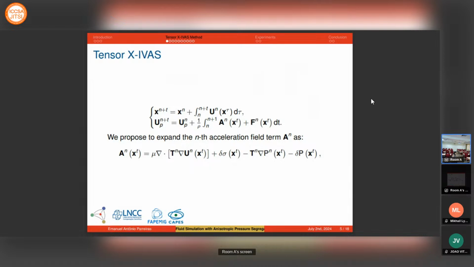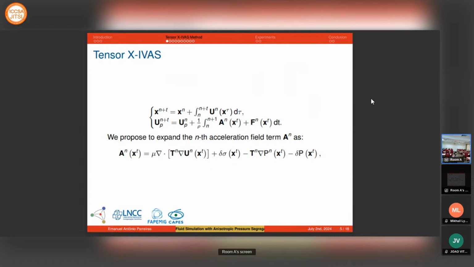So in the u approximation, we have the integral of a^n, where a^n is the acceleration field term, and it can be separated into an implicit and an explicit form.